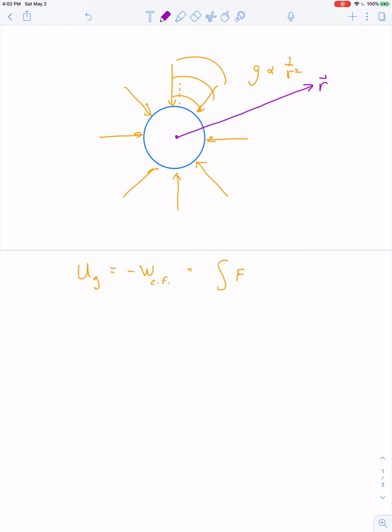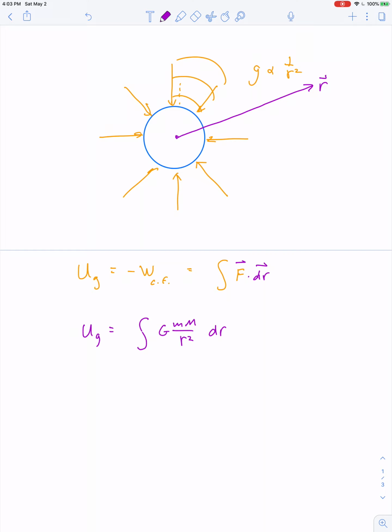So the integral of F times dr. F dr. So our gravitational potential energy is the integral of, well, the force is G m over r squared.